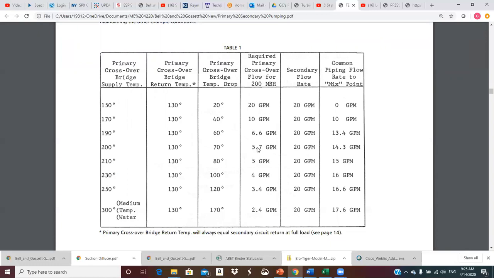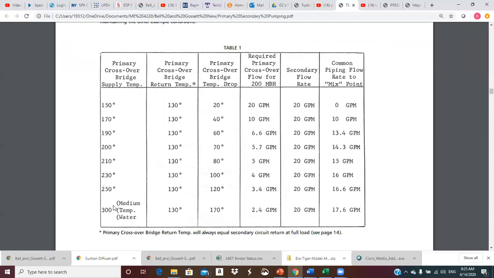At 200, I'm down to 5.7, recirculating 14.3. At 210, that's the condition we worked, it shows now I only need the 5 GPM of crossover flow, 15 recirculating. At 230, I'm down to 4 with 16 recirculating. At 250, I'm down to 3.4 with 16.6 recirculating.